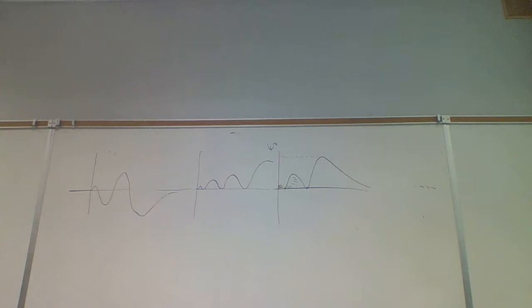Does the 3D have any kind of blip near the nucleus here? 3D. So we have the 1S, the 2S, then the 3S. But if you look at the pattern, the 4S is going to look very similar. It's just going to have no more hump in there. But it's going to have this little blip in the nucleus. The little blip shrinks, but still it's more penetrating than the 3D.